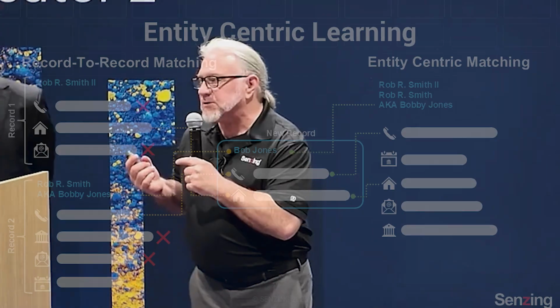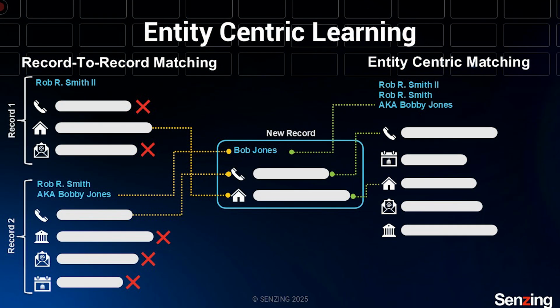And I'll illustrate here, we use an approach called entity-centric learning. So on the left side, let's say you've got two records, Rob Smith II and Rob Smith, aka Bobby Jones, as an alias. And then a third record comes in for somebody named Bob Jones. If you're just comparing record to record and doing string comparisons on the fields, you'll miss that.